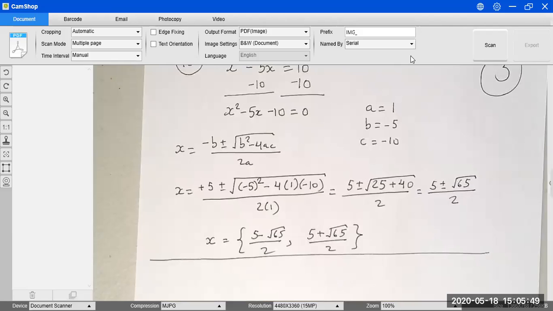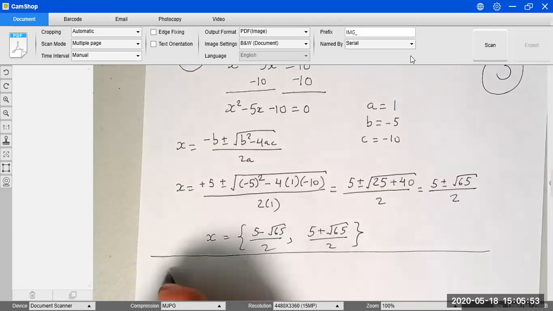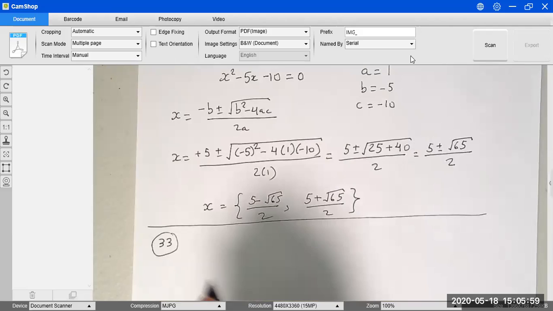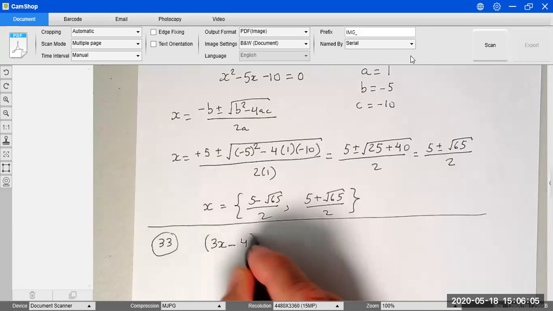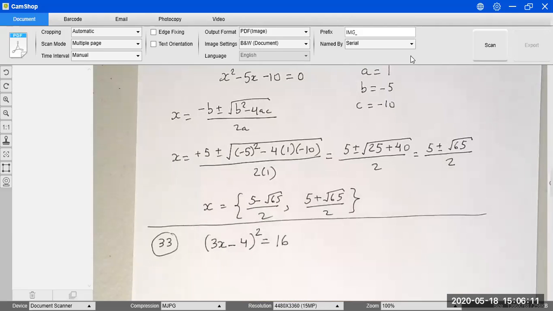Now I'm going to solve another problem. This problem is problem 33 on page 648. So problem 33 is (3x minus 4) squared, this binomial is squared, and this is equal to 16.